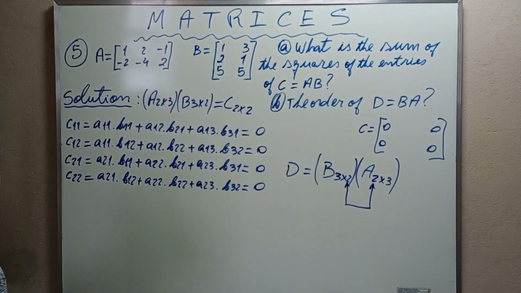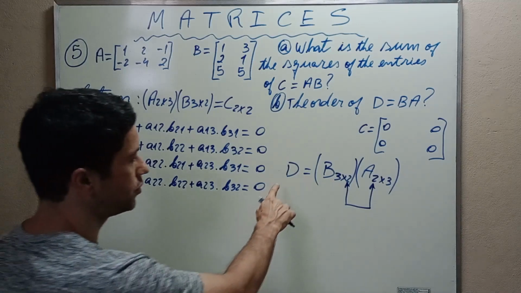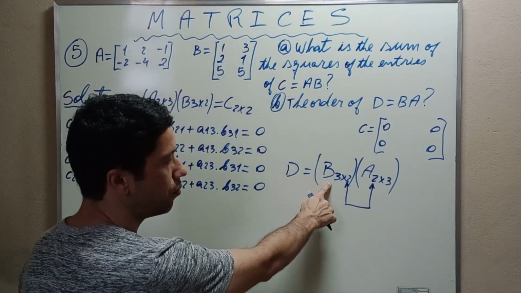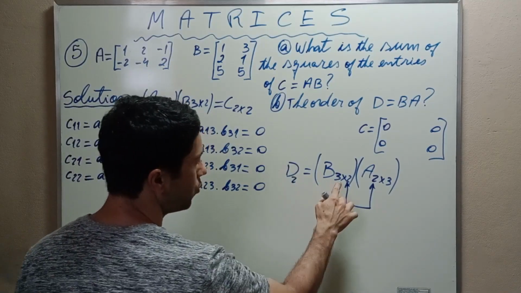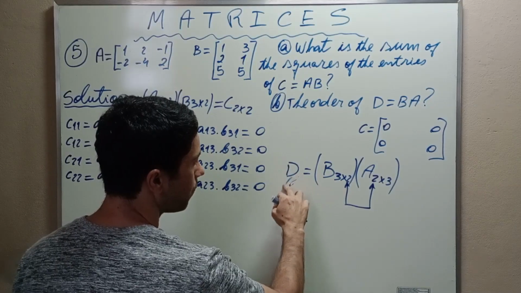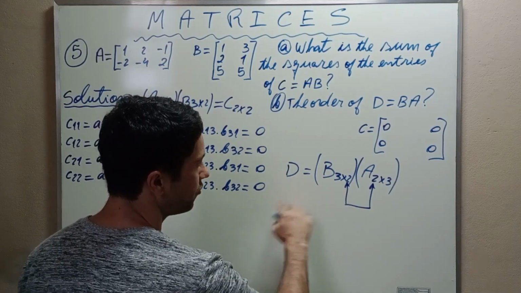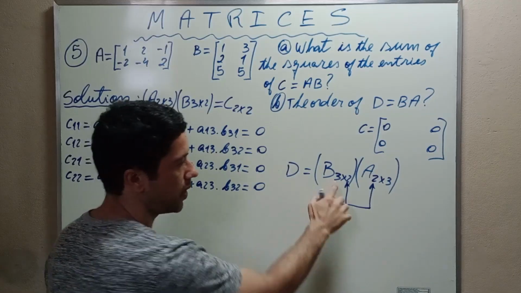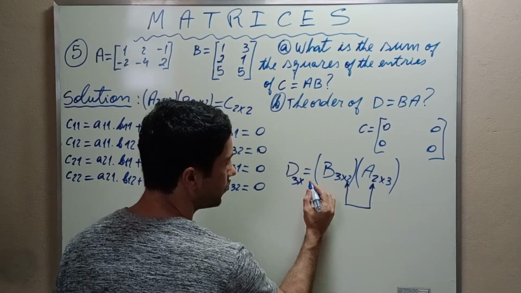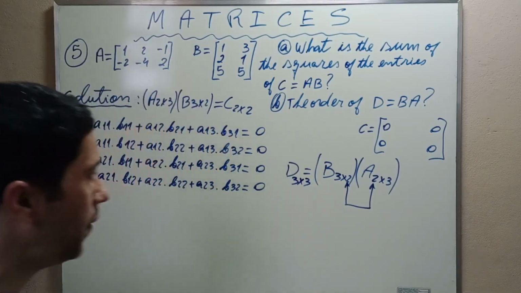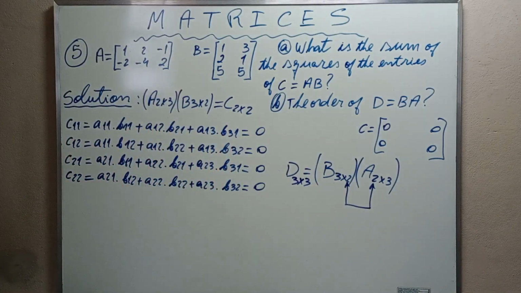We have a matrix that results from this product. And matrix D will have the same number of rows of the first matrix, 3, and the same number of columns of the second matrix, okay? And in this way, we discovered that the order of D is 3 by 3.